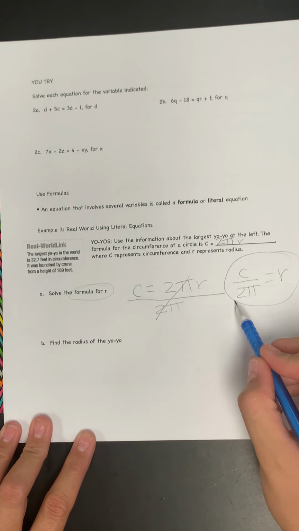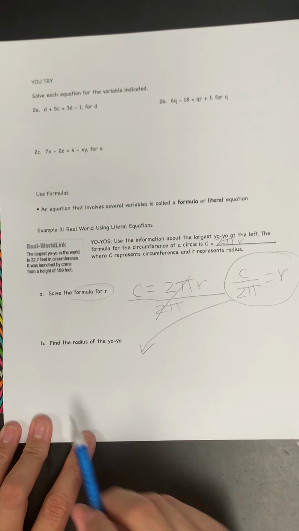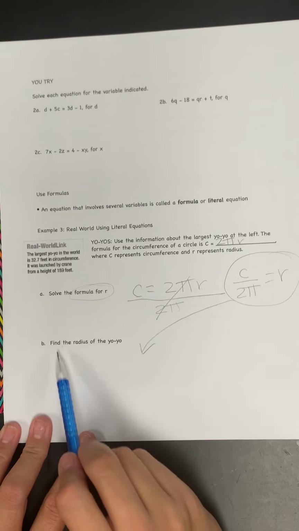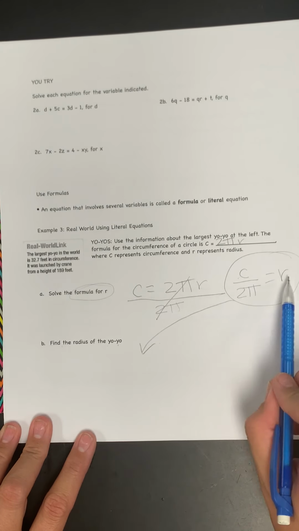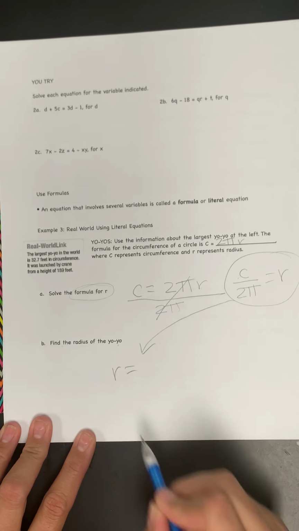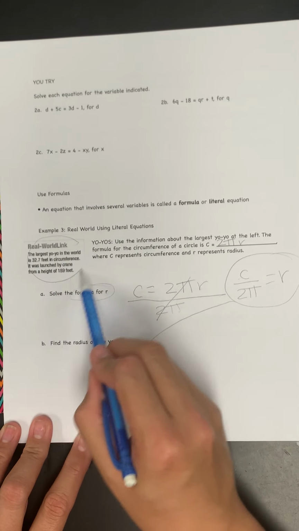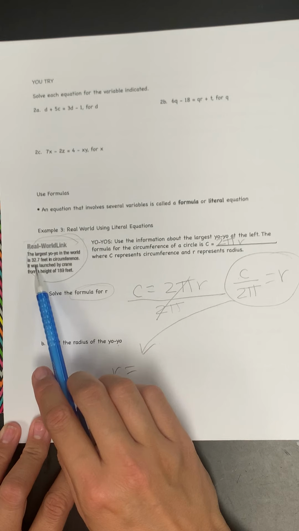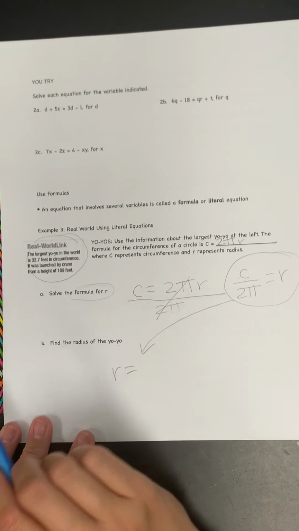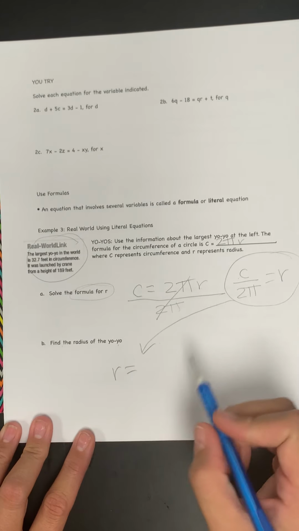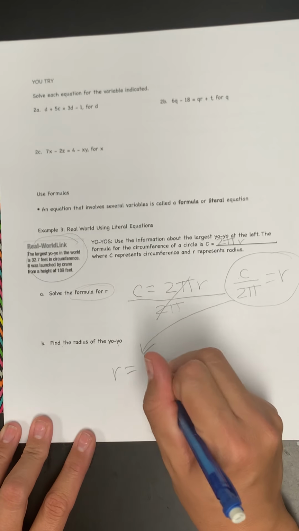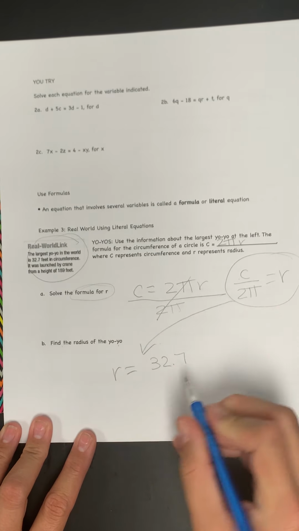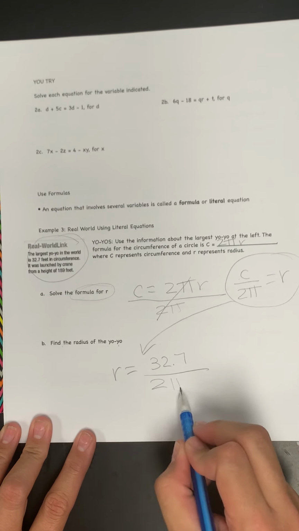Now that I have that equation, I'm going to go ahead and do part B, find the radius of the yo-yo. Since we're solving for r, we are told in the information provided that the circumference is 32 7/10. So we're going to plug in 32 7/10, and we're going to divide that by 2 pi.